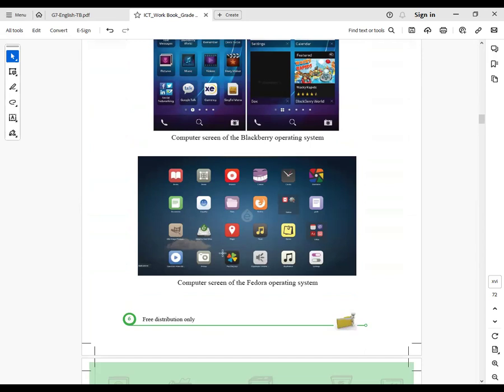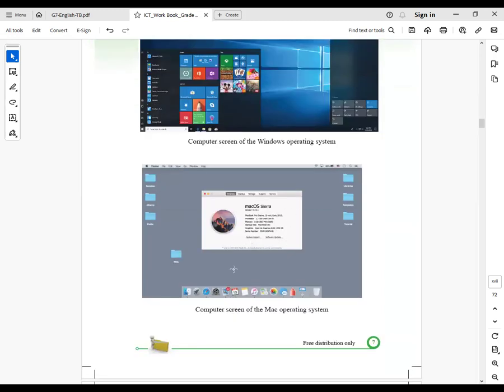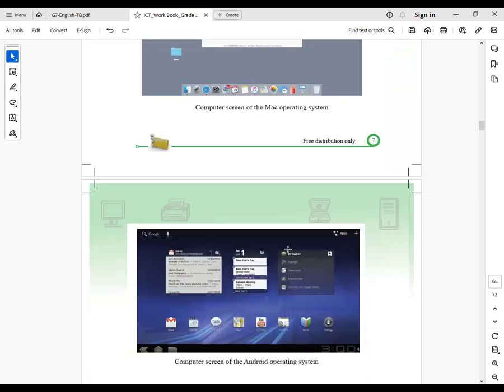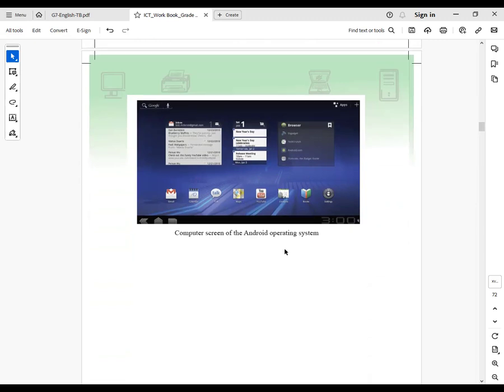This is Fedora. This is Windows and Mac operating system. This is Android operating system. Android OS can be in mobile devices as well as some tab computers.